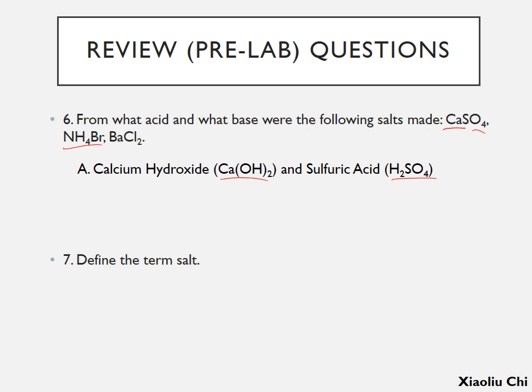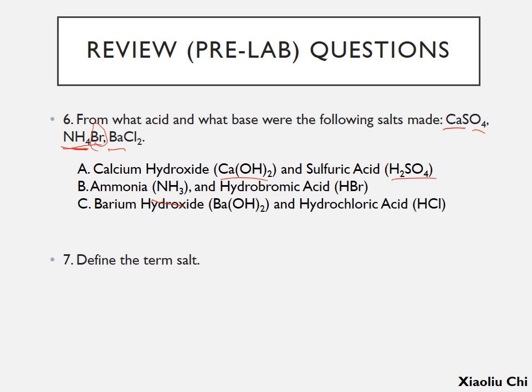In this case, ammonium cation comes from ammonia base. So this is a weak base, ammonia. This is ammonium cation. And the anion comes from acid, hydrobromic acid.